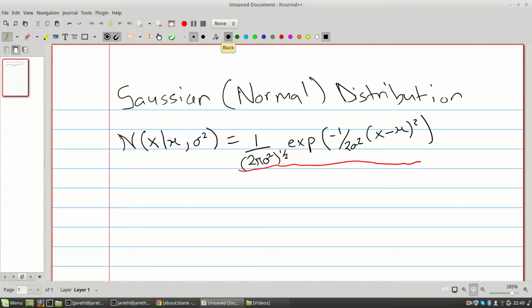So we say that this is a probability density function, and it is represented by a couple of things, so I'll write them down. First of all, we have mu, which represents the mean. We have sigma squared, which represents what we call the variance.